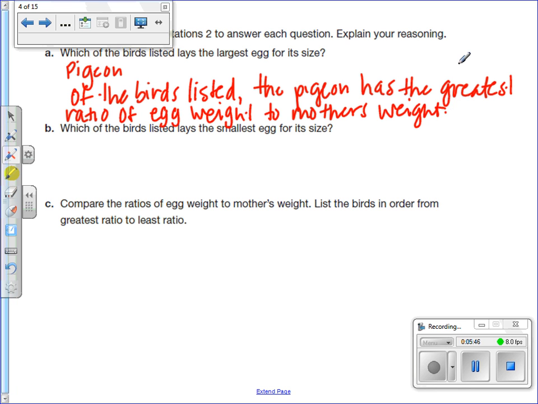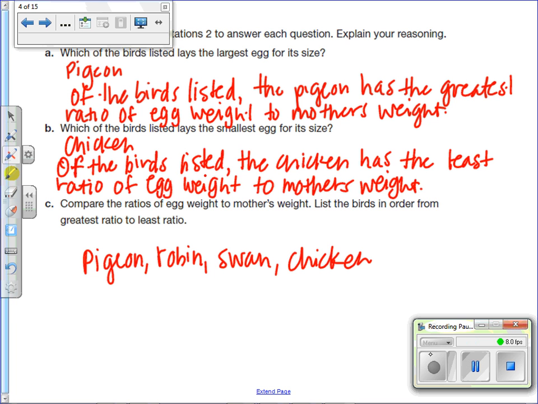So I want you to try B and C and then come back and check yourself. Okay, so go ahead and check yourself. Hopefully you're on the right track with that.